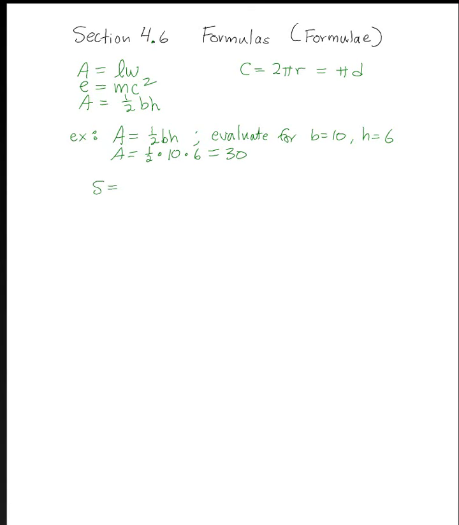Here's one more, one that's maybe a little more complicated. S equals 2LW, 2WL, doesn't really matter, plus 2WH. And we're told to evaluate for S equals 52, W equals 2, and H equals 4.